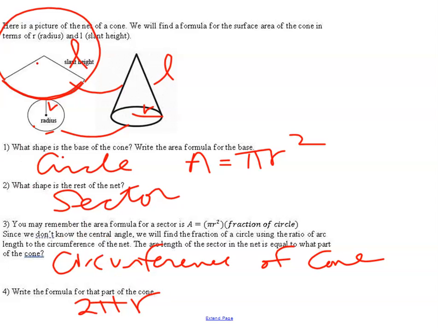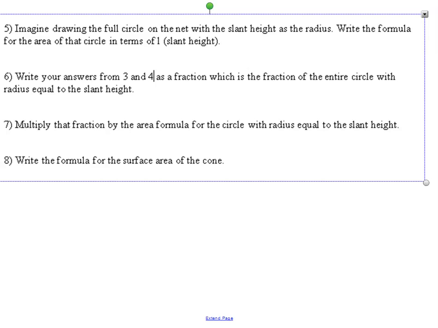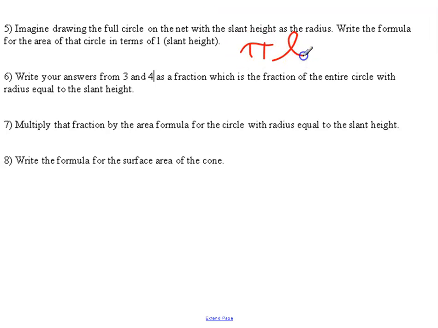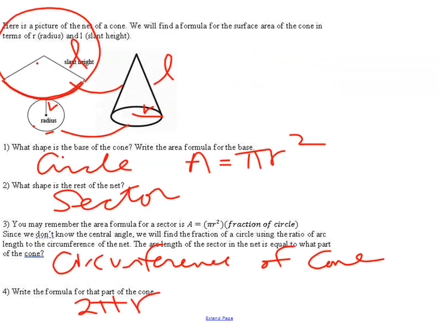Okay, let's go to the next question. Imagine drawing the full circle on the net, which I showed you, with the slant height as the radius. Write the formula for the area of that circle in terms of L, slant height. So that would be pi L squared. Now it says write your answers from numbers 3 and 4 as a fraction. So again, what fraction of the circle? It's arc length over circumference.